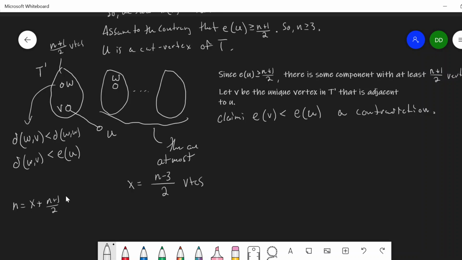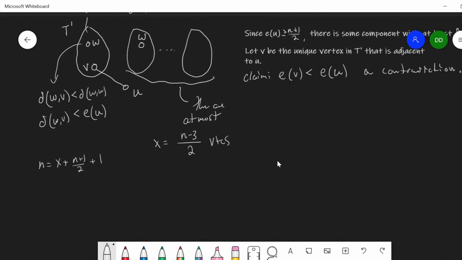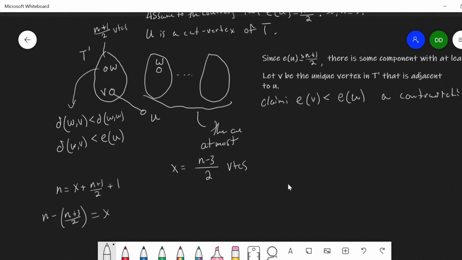I'll assume just (n plus 1)/2 plus 1. So that's (n plus 3)/2. So I have n minus (n plus 3)/2 equal to x. So that's 2n over 2. That gives me x equal to (n minus 3)/2. So that's where that (n minus 3)/2 comes from.